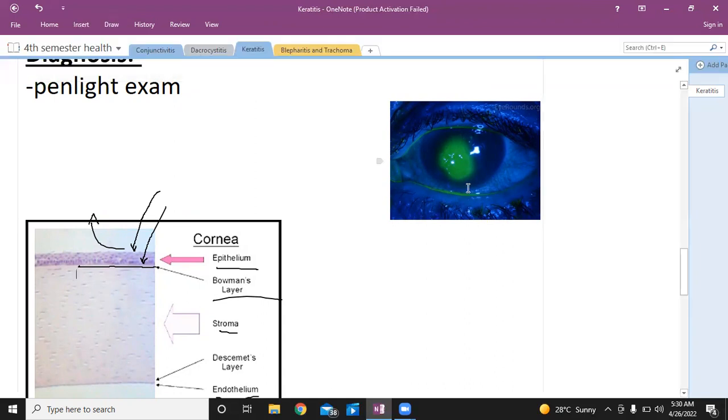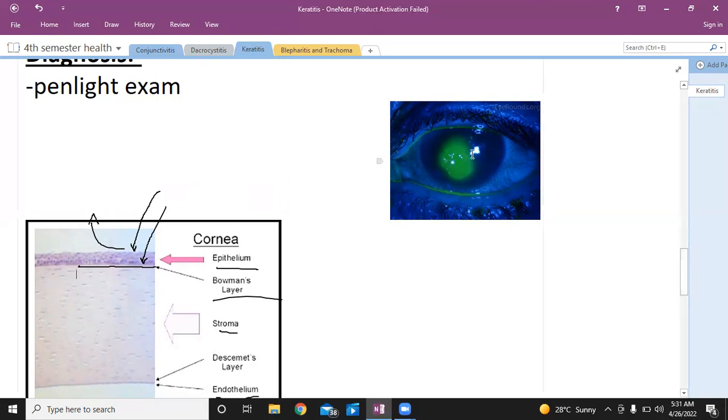Fluorescein stain is very important to know about the extent of corneal inflammation. If this staining is very dense, it means that more epithelium has been disturbed and shredded off. It gives us a signal that there is a very high level of corneal inflammation.